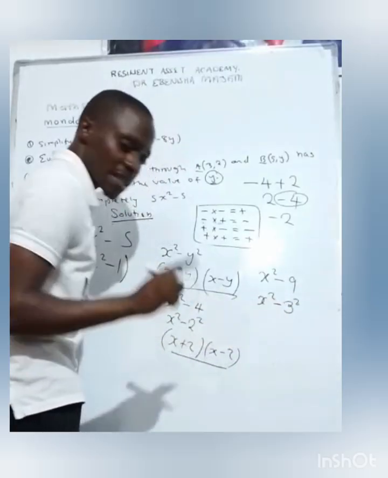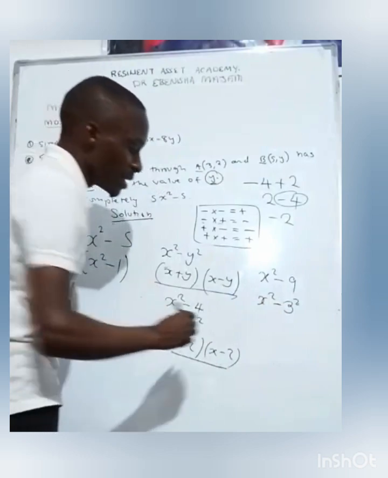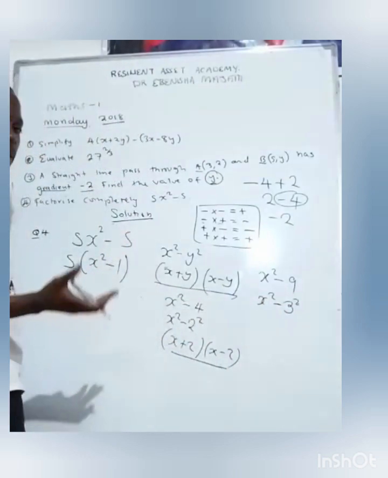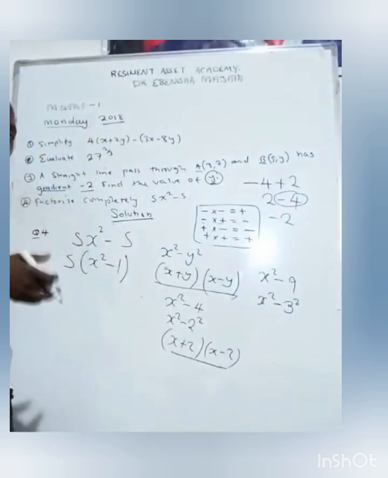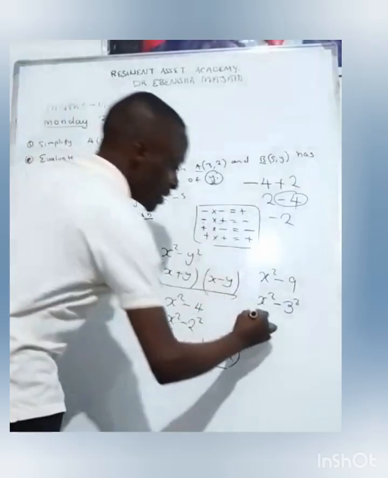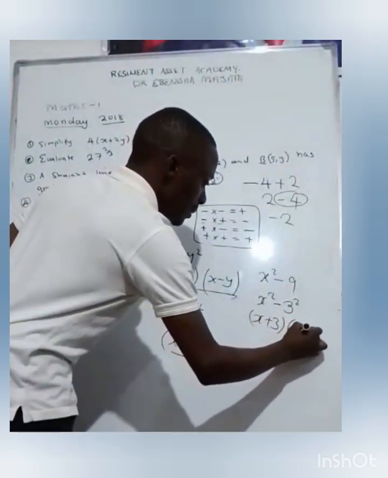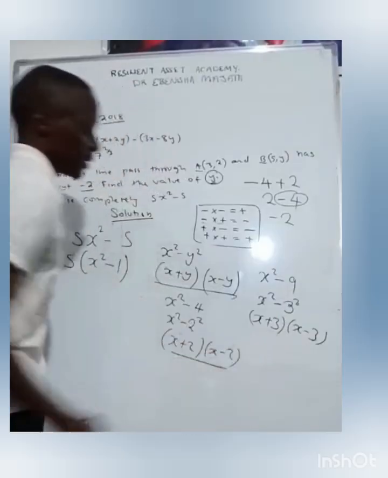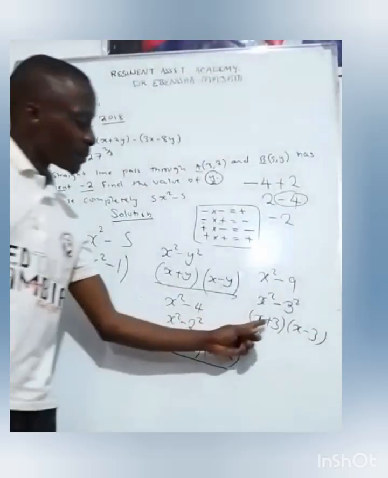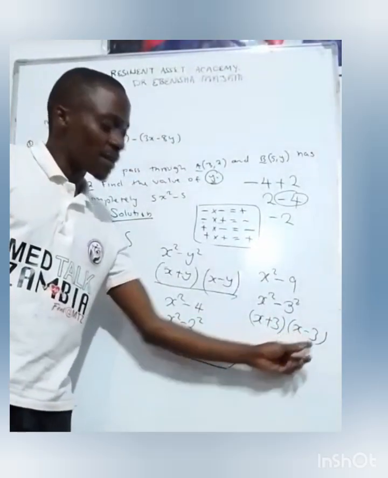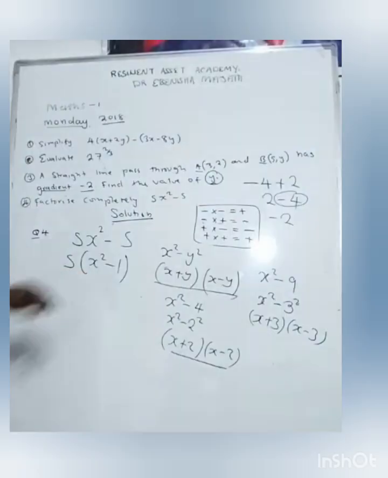So using what we are doing there, these two numbers are both squared. Since they are both squared, what do we do? You say 5, and you say x plus 1, then x minus 1, the same way we're doing there, and you close. So that's how you factorize this one.